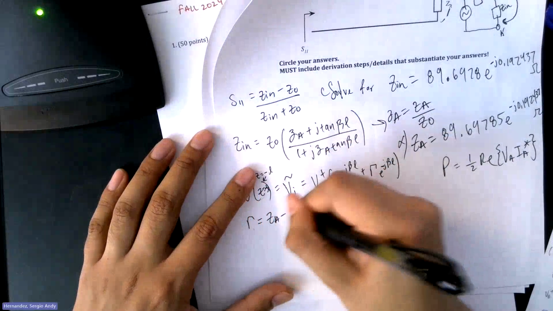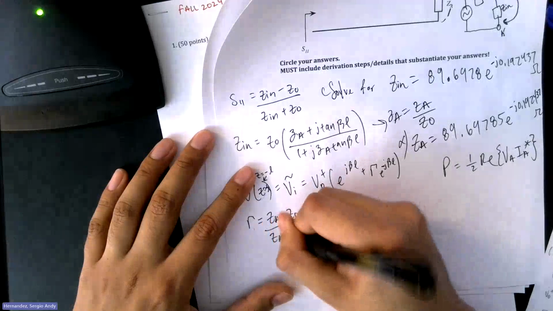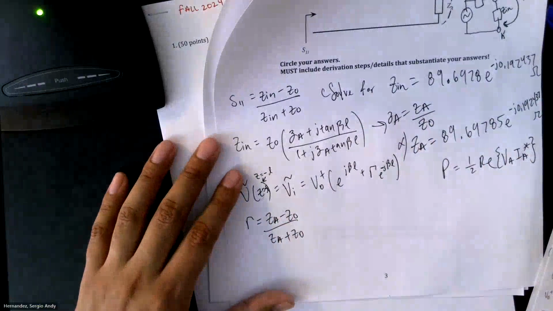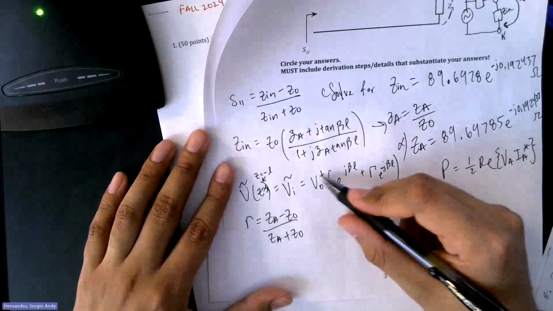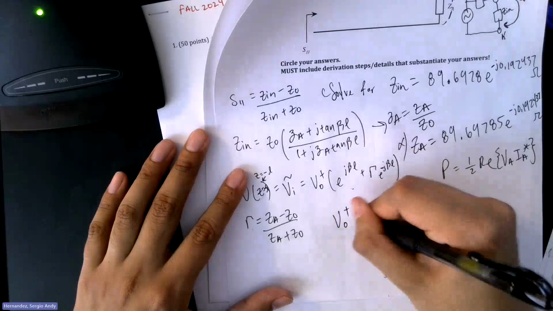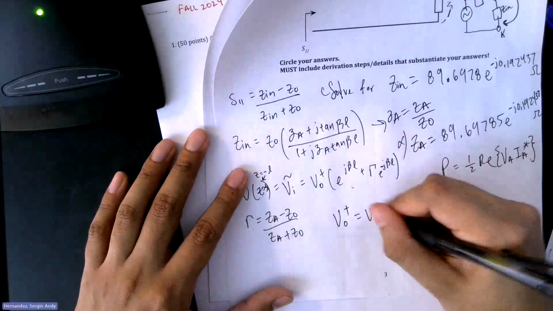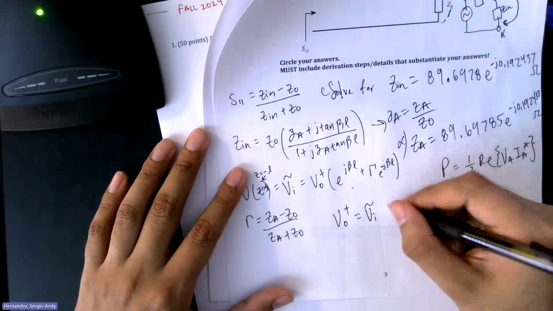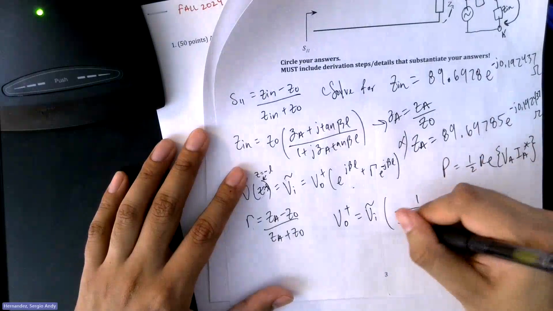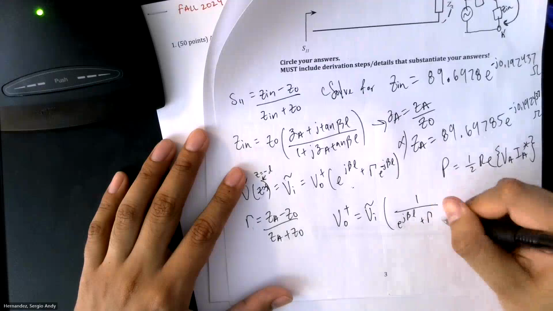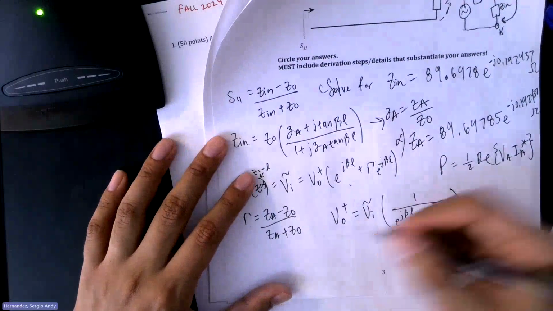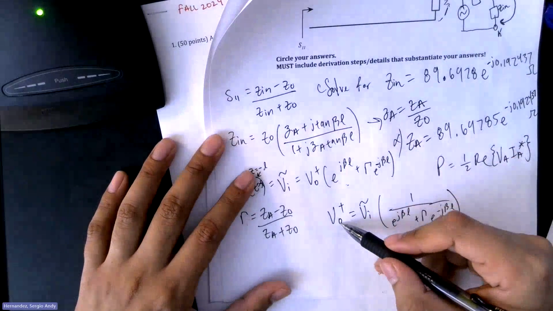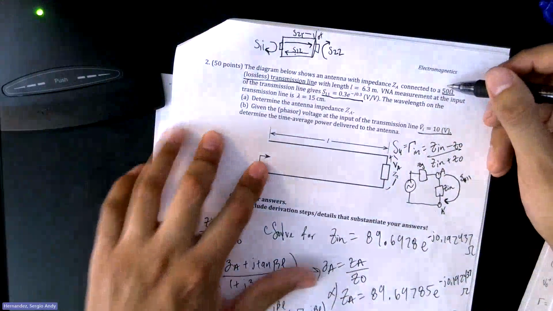So ZA, and then we're able to plug it into this equation and solve for this one. If you don't want to solve for this one, here's the normal equation, which is VI over e to the j beta minus j beta, which can also be this one, the characteristic impedance.